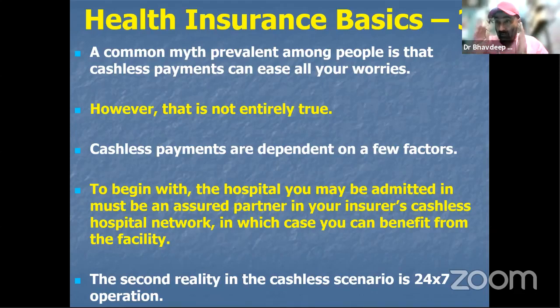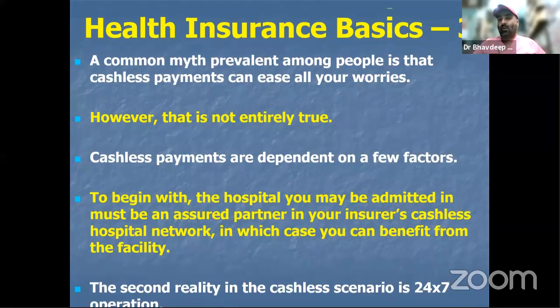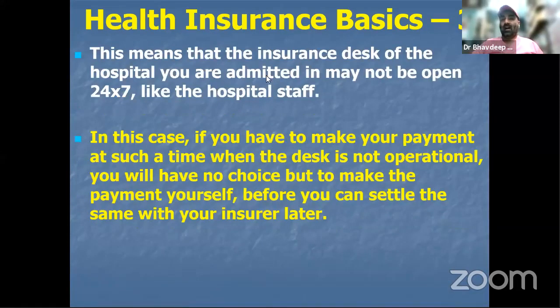Even if it is a network hospital, even if it falls in your list, even if it is cashless, if you had a problem in the middle of the night and you took your family member there, the insurance guy will not be there 24/7. So maybe you have to do the initial formalities from your pocket and then settle with your insurer later on. Because some desks will not be open 24/7, 365.